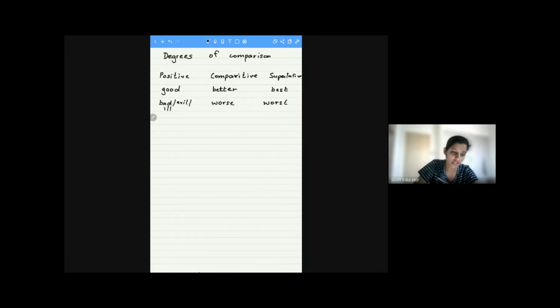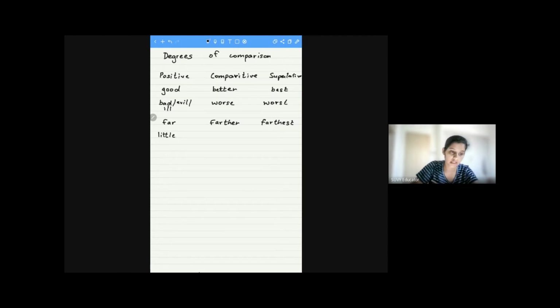Okay, so next thing is far. For far, you don't say farer, farthest. What you say is farther, farthest. Okay, this is totally different. Next, I will give you is little.